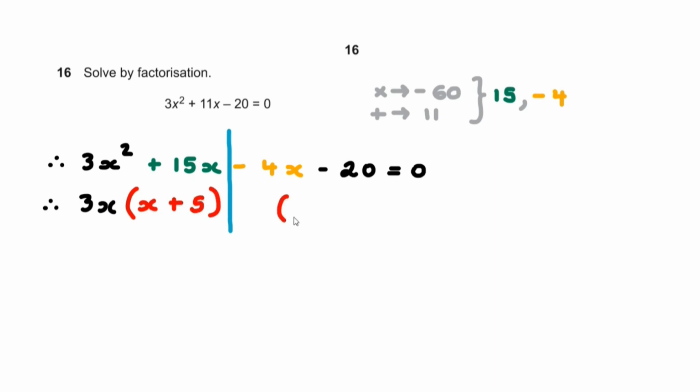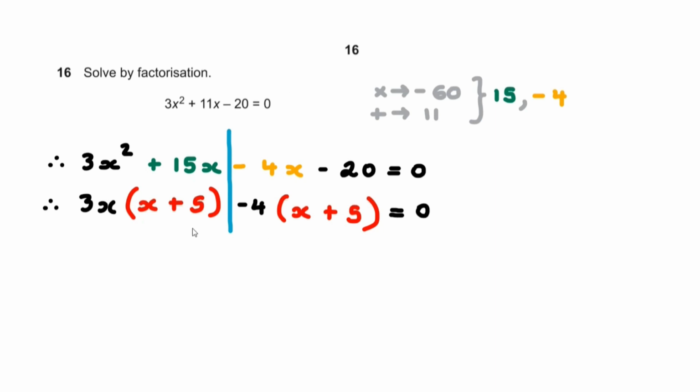We want an x plus 5 here as well. We multiply x plus 5 by -4 to get -4x subtract 20. And all of this is equal to 0.